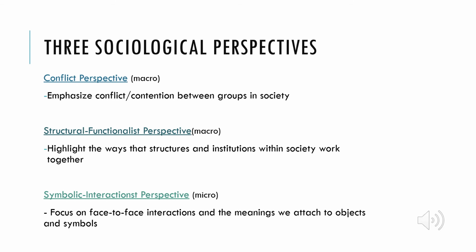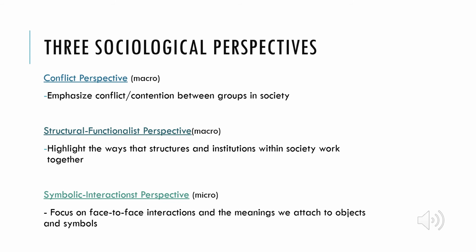We can think about it in terms of gender, in terms of race, in terms of citizenship, in terms of religion, or any combination of those different types of group memberships that we have. So the conflict perspective is focusing at the macro level and the kind of conflict and inequality that exists between groups in society.